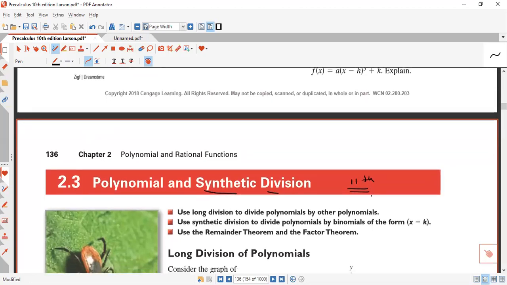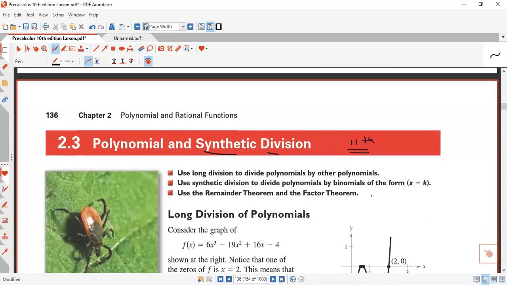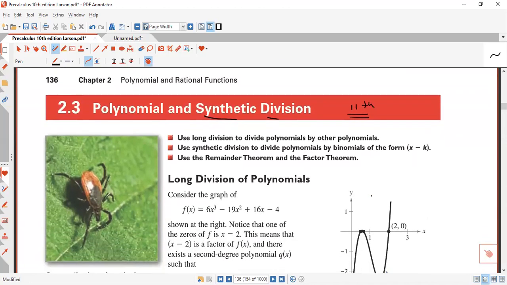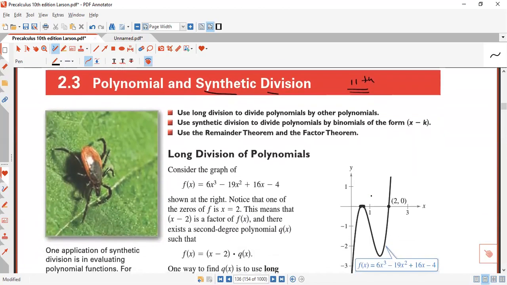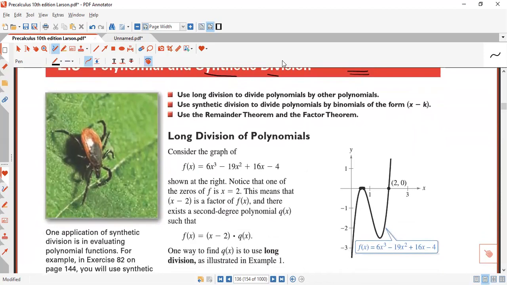So once again, if you don't know, don't worry, we are repeating these two things. For synthetic division, you must know how you can divide two polynomials. That is known as polynomial long division.